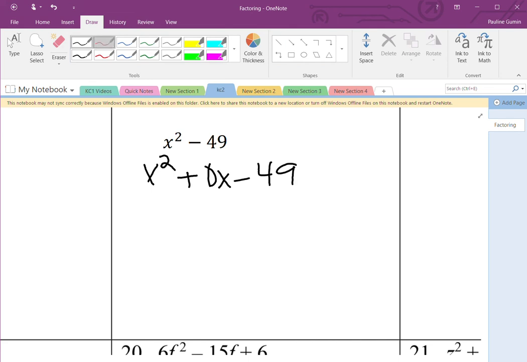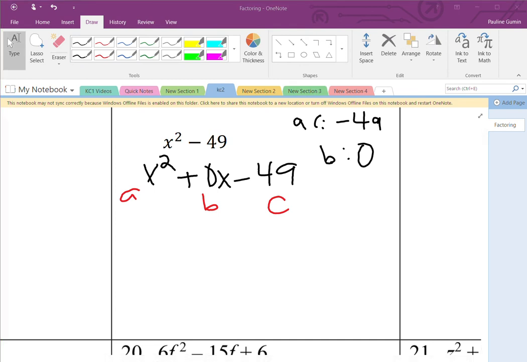All right. Now I have my A, my B, my C. Same process. AC, 1 times -49 is -49, and our B term is 0. So what we're thinking of this time is, what two numbers multiply to get -49 and add up to 0?